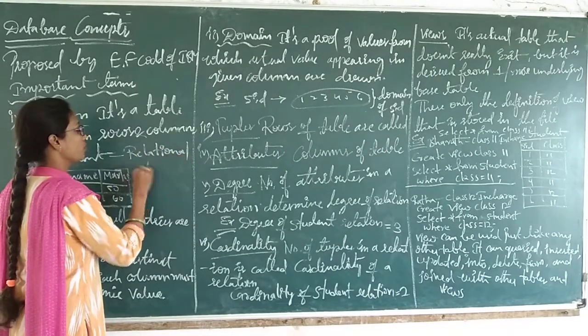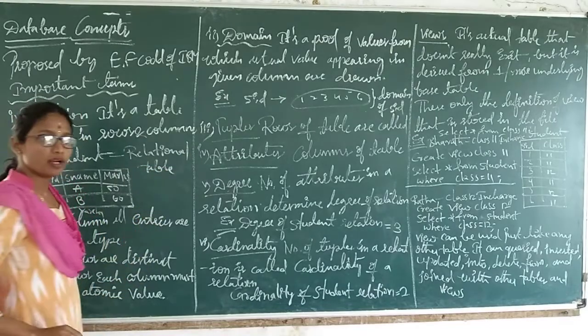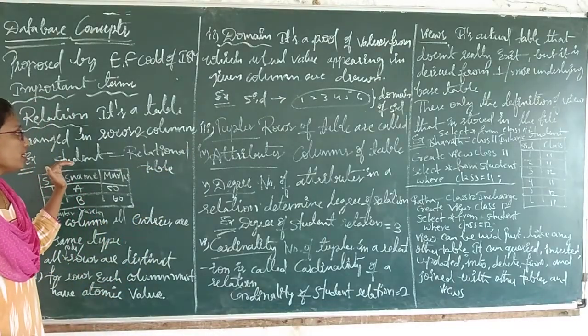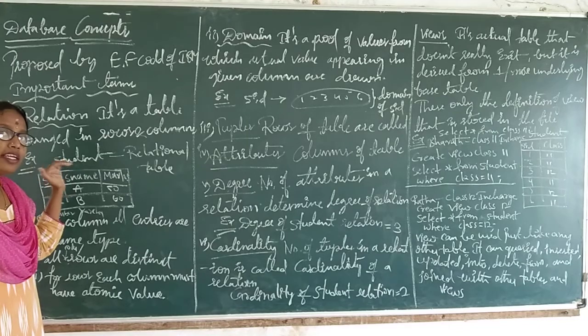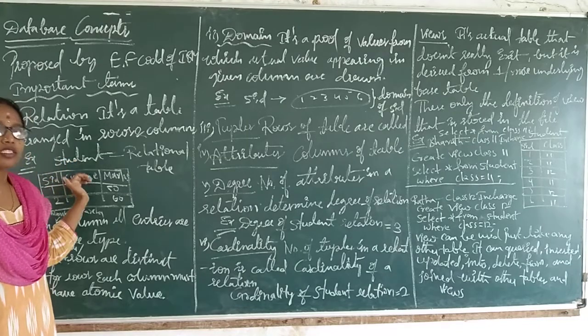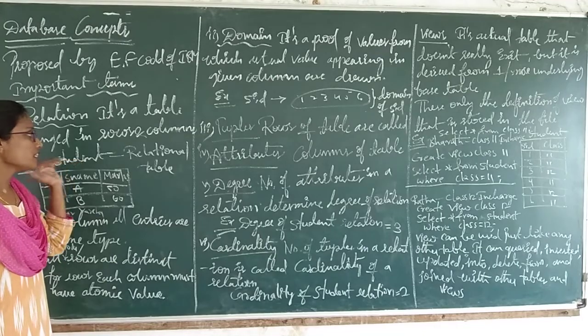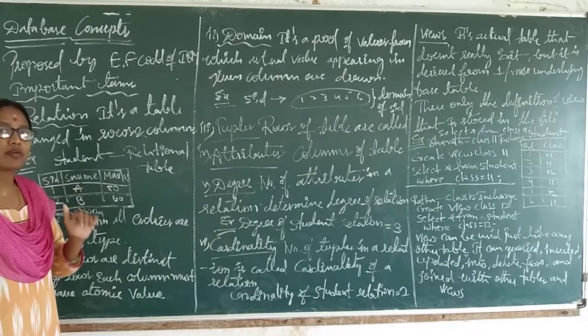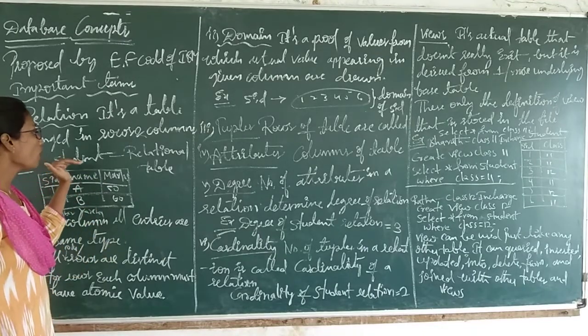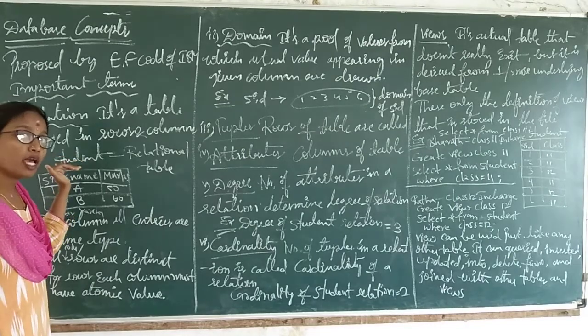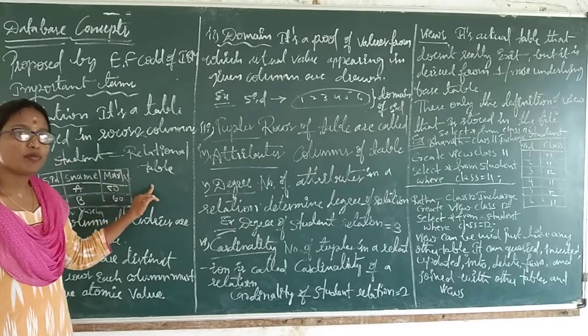This student is an entity, and that entity has properties, attributes. In a relational database management system, we call it the student table, a relational table.